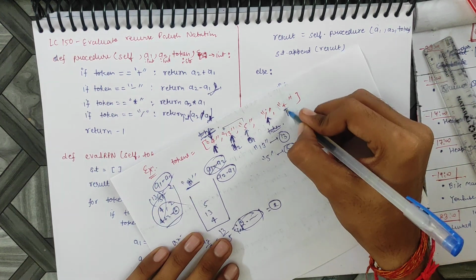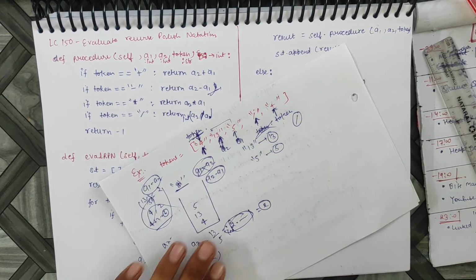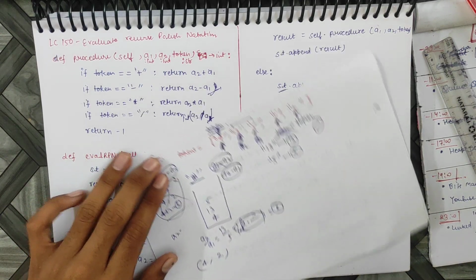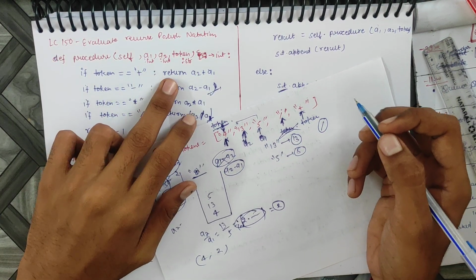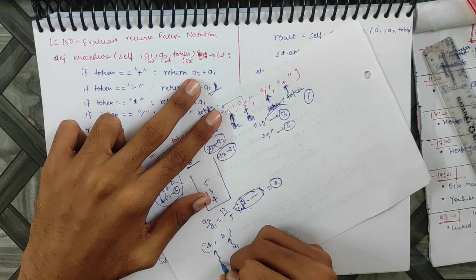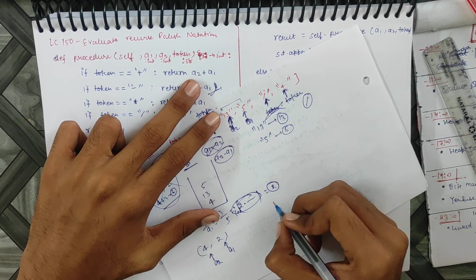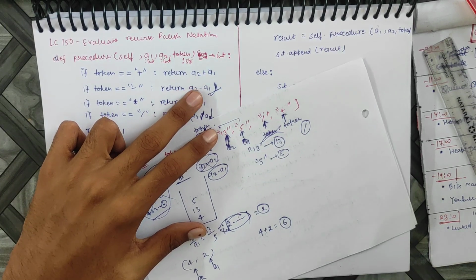Again we move till here. Now the token is at plus. So again the same thing. If we have to perform plus, then we return a2 plus a1, 4 plus 2, which is 6.